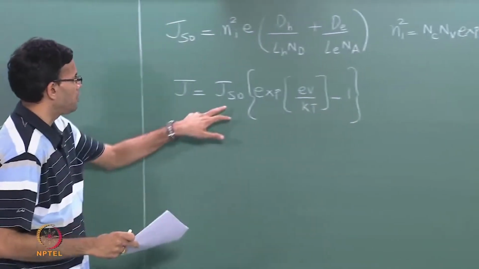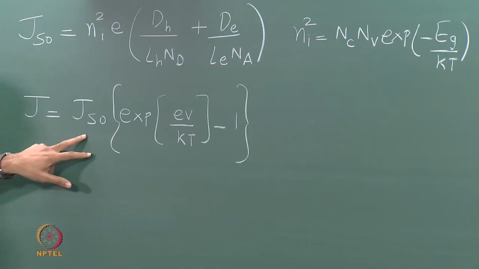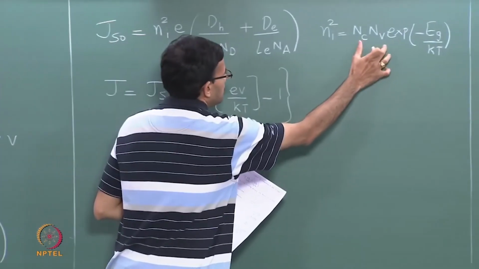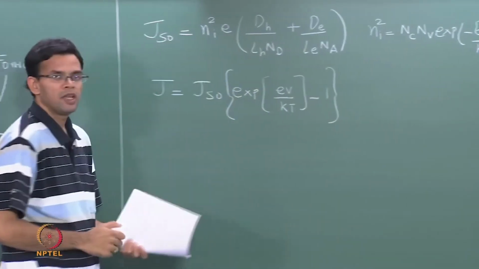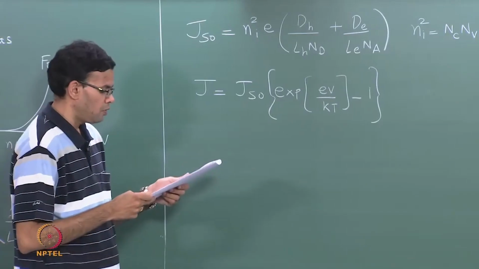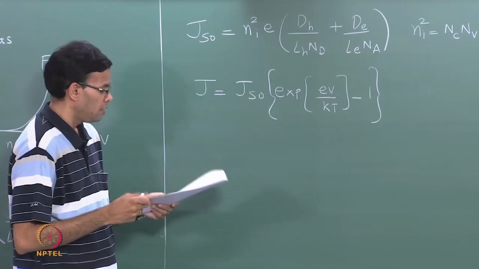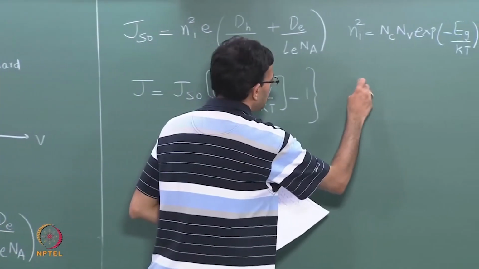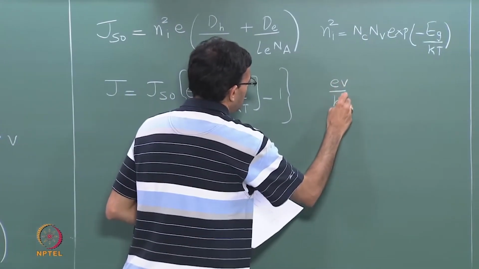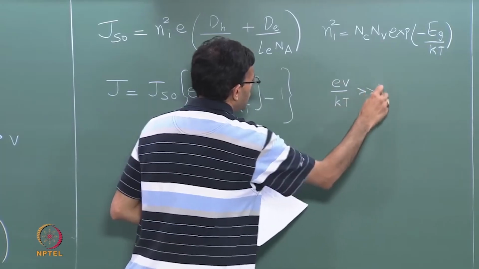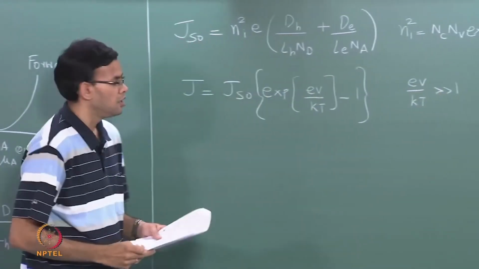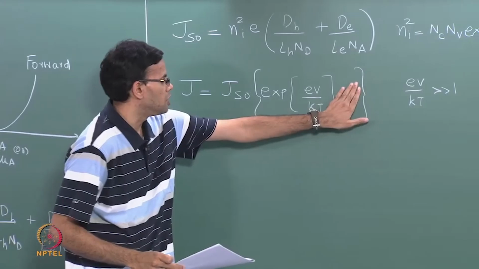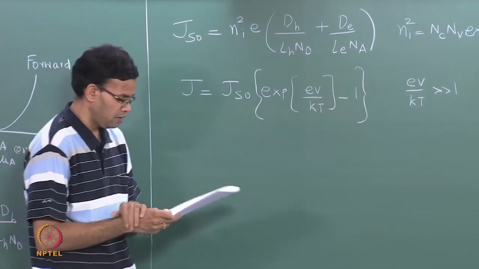So I am going to substitute the Js naught here, and instead of Ni square I am going to replace it with Nc Nv exponential minus Eg over kT. Just for the sake of argument, we will find out that it is true, eV over kT is usually much greater than 1, so that I can ignore this term, the minus 1 here.